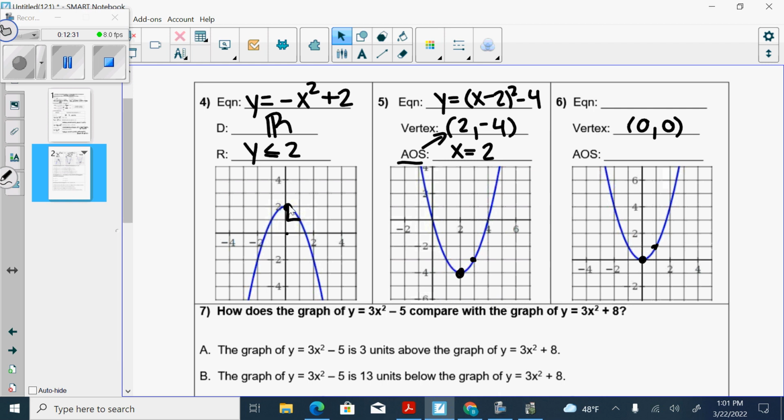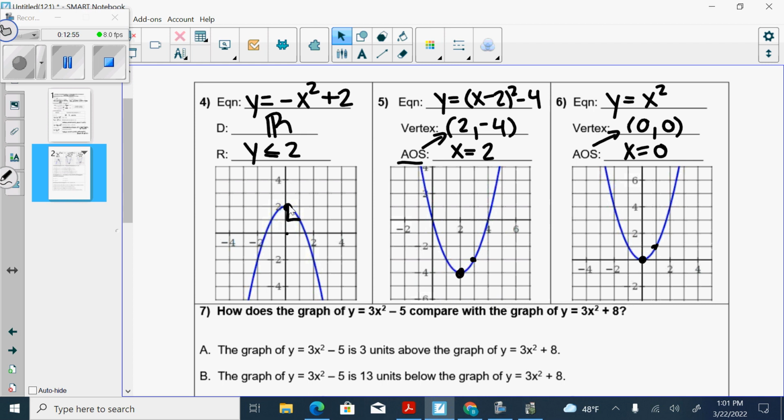Okay, so no negatives, no stretch or compression, no left or right, and no up, down. Anybody remember what we call that one? When it's just the most basic one. We talked about at the very beginning of last notes. Parent function. Very good. Okay, and again, axis of symmetry comes right from here, so x is just 0.